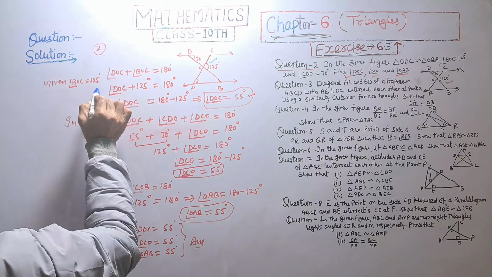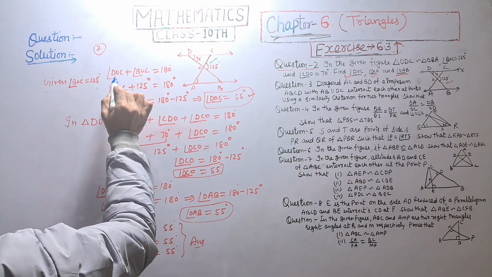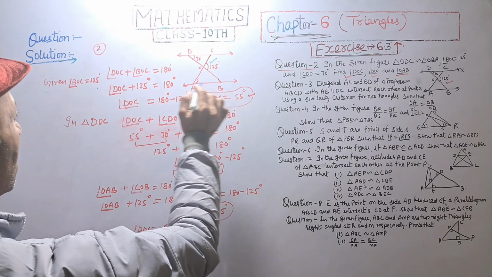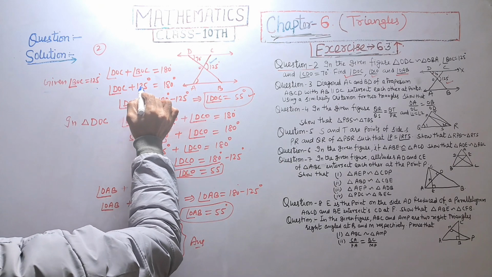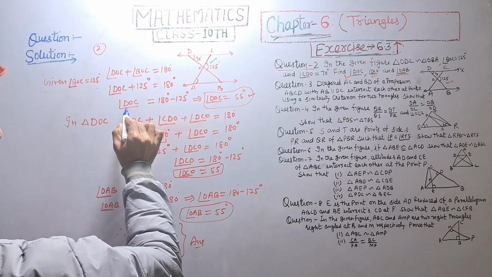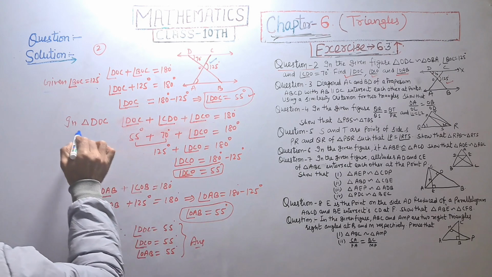Given angle BOC is 125 degrees and DOC plus angle BOC is 180 degrees, so DOC plus 125 equal to 180, and shifting to the right side we get angle DOC is 55 degrees.